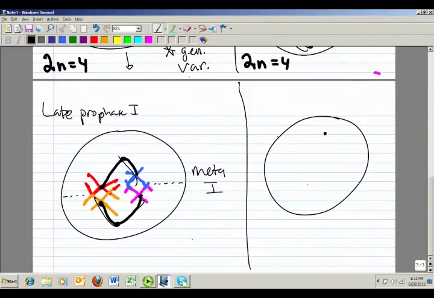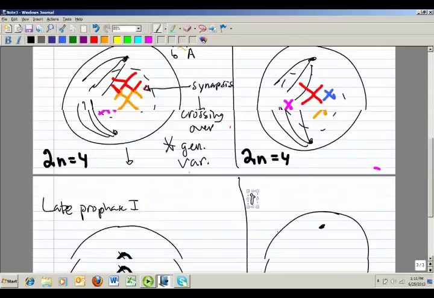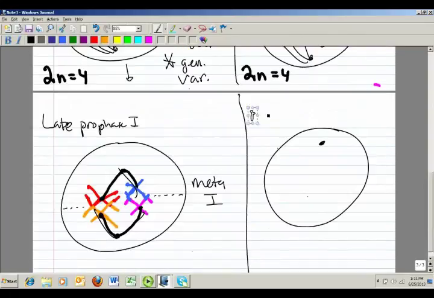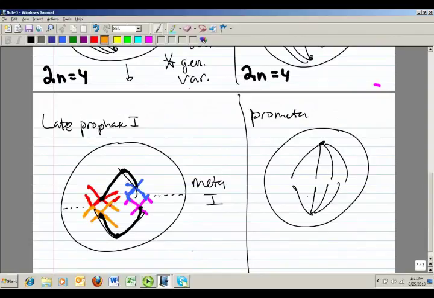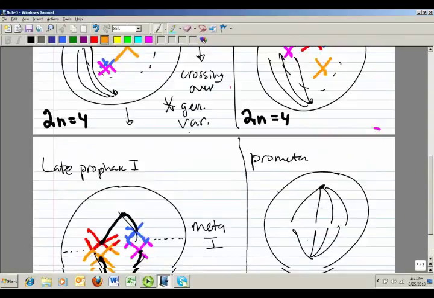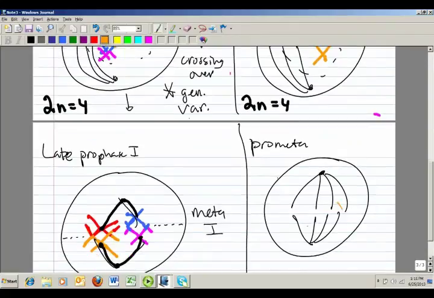When we look at metaphase, prometaphase, late metaphase, we're going to have a different scenario. Like I said, the homologs are still here. They're just not interacting with one another.